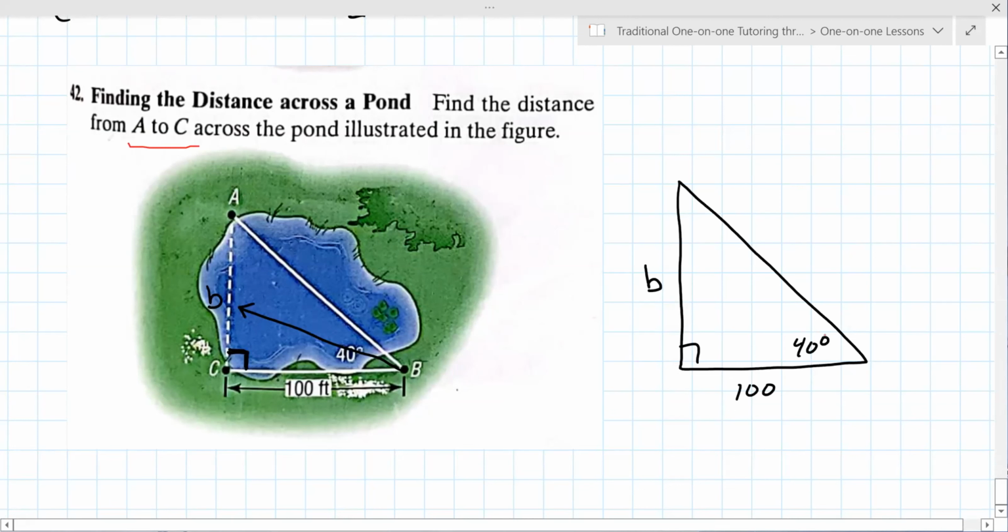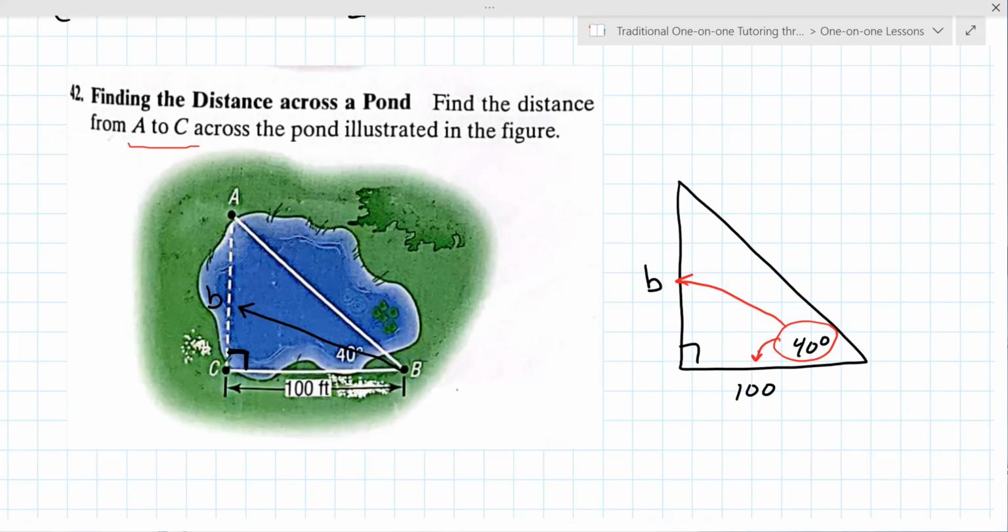Yes, little b. So what you always want to do is, relative to that given angle, figure out what the two things that are given or you're trying to find are. Opposite, adjacent, or hypotenuse. So what do you say here? B is opposite. And how about the 100?